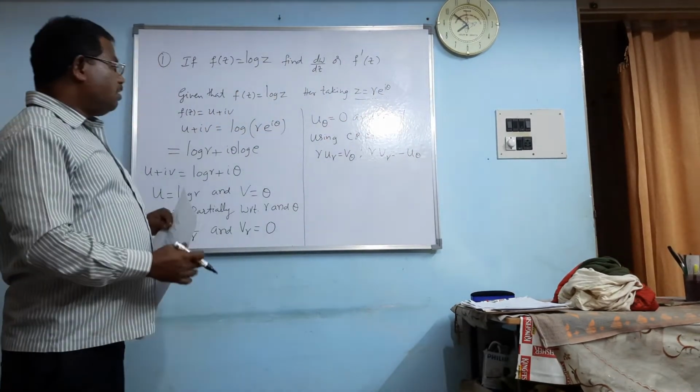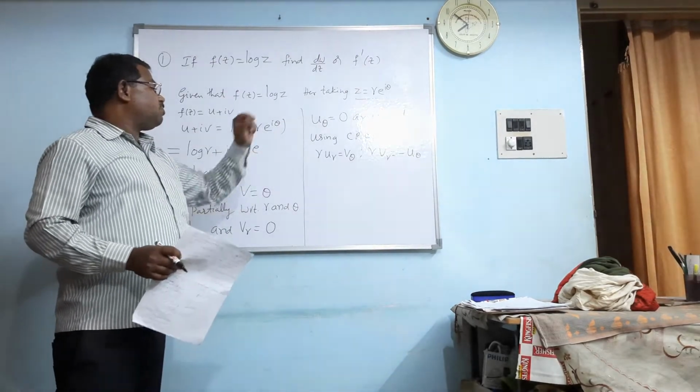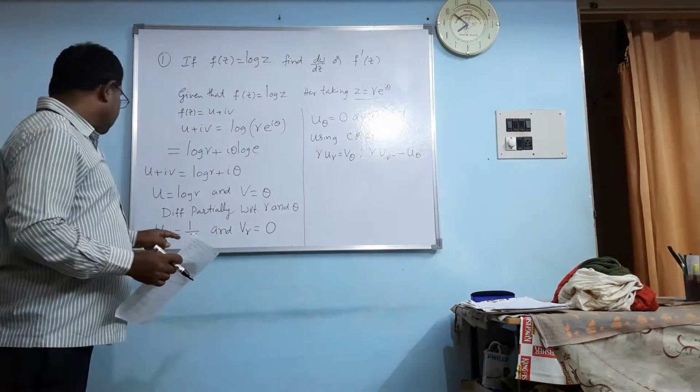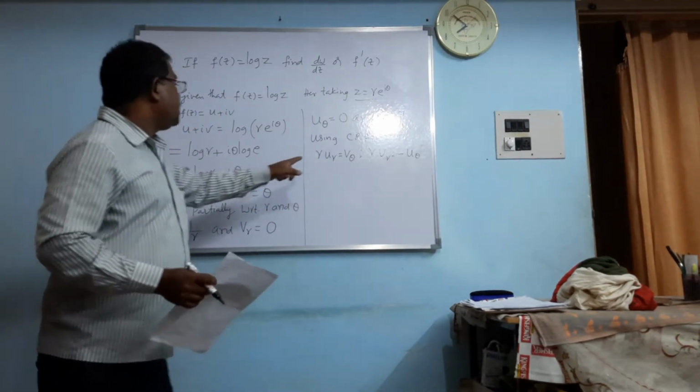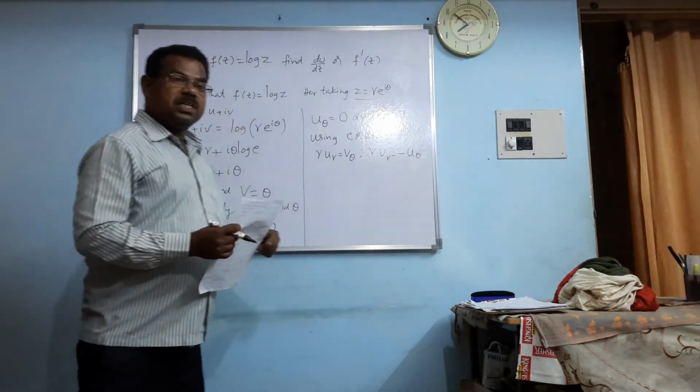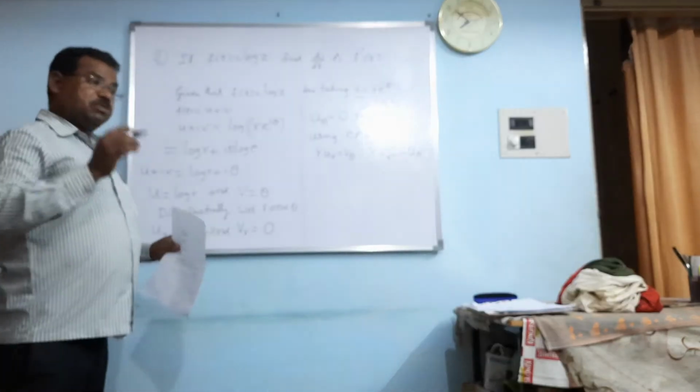This is the Cauchy-Riemann equation formula. Observe here u r and v theta. Yes, the Cauchy-Riemann equation is satisfied.